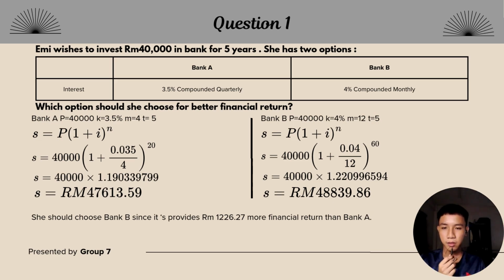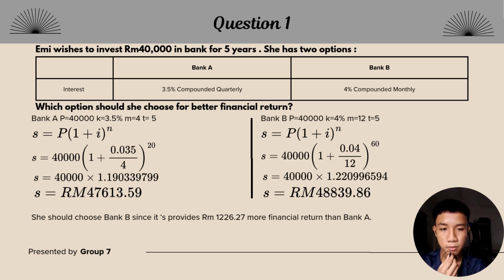Alright, moving on. Bank A, the principal is 40,000, the K is 3.5, M is 4, and T is 5. Bank B, the principal is 40,000 as well, the K is 4%, the M is 12, and the T is 5. And the formula that we will be using is the exact same for both banks.